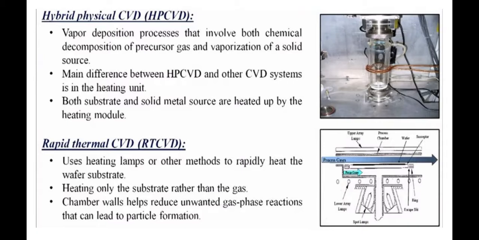Now the next one is called rapid thermal CVD, in short form generally called RTCVD. It uses heating lamps or other methods to rapidly heat the substrate, heating only the substrate rather than the gas. Cool chamber walls help to reduce unwanted gas phase reactions that can lead to particle formation.